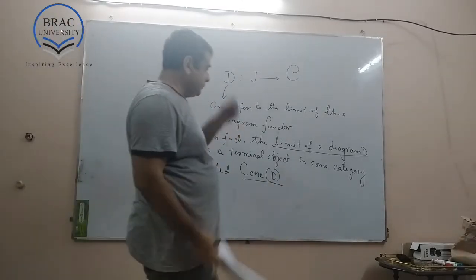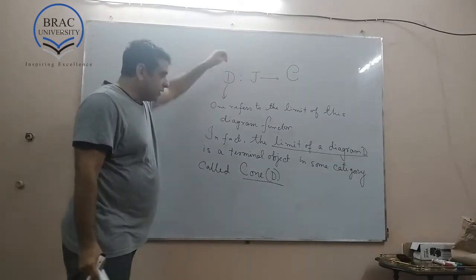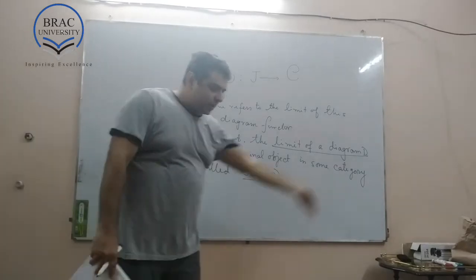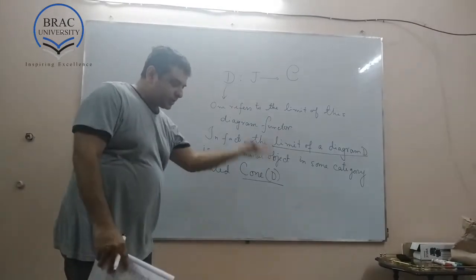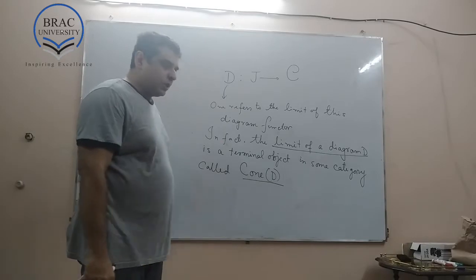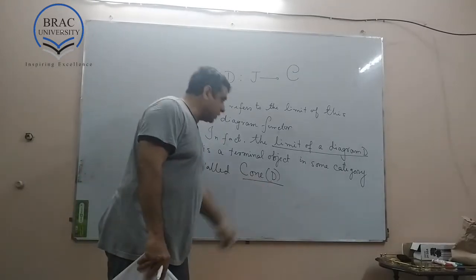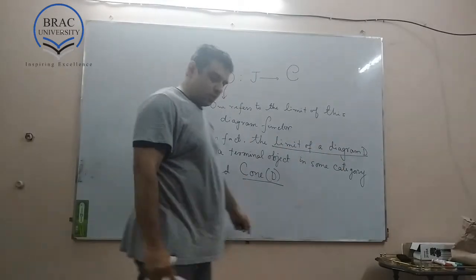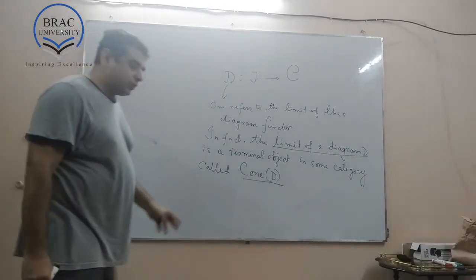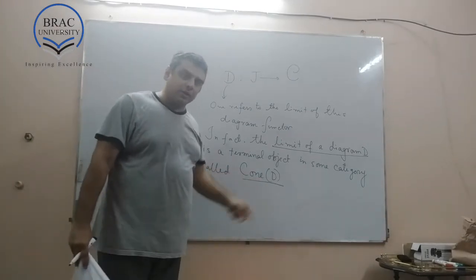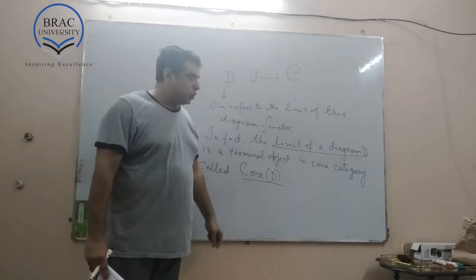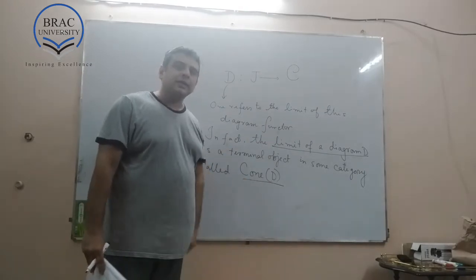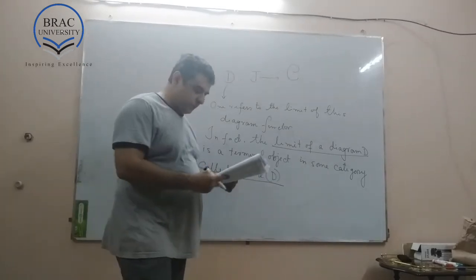Out of this diagram functor D, you can construct a category where there are many objects connected by certain morphisms, and the terminal object in that category is precisely the limit of that diagram. So I told you earlier that I'm doing it a little vaguely because we don't have enough background to do these things rigorously, but we'll do them appropriately later in this course.